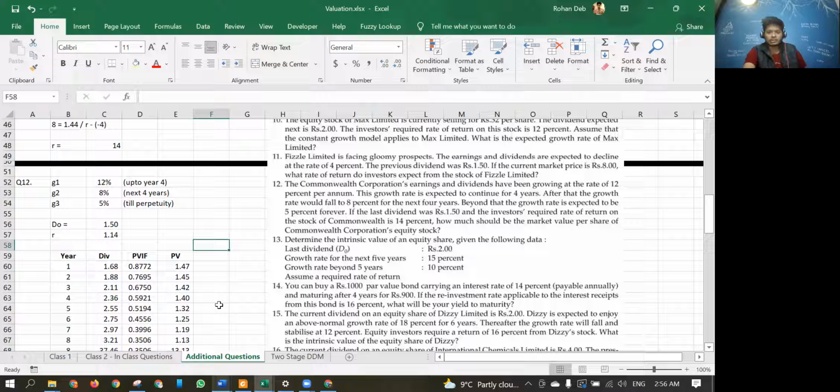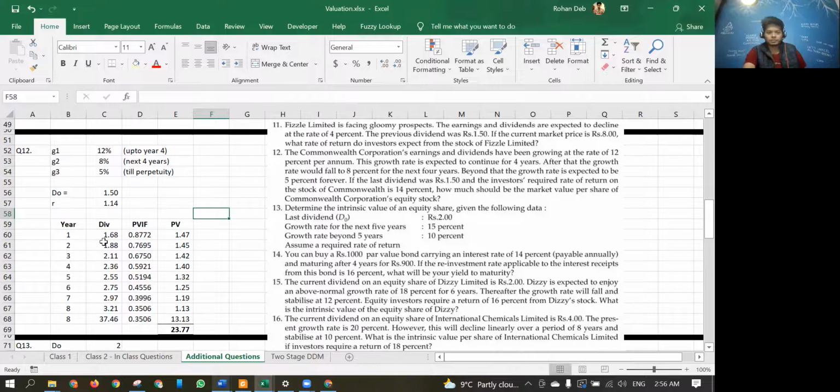Okay, so this is a little bit tricky because you have to calculate it in multiple stages. The first dividend is calculated as 1.5 increased by 12%, so it gives me 1.68. This is also 12%, 12%, 12%. Then you increase it by 8%, 8%, 8%, 8%.